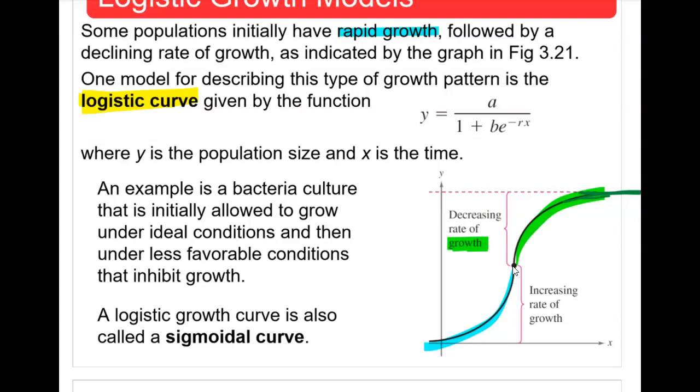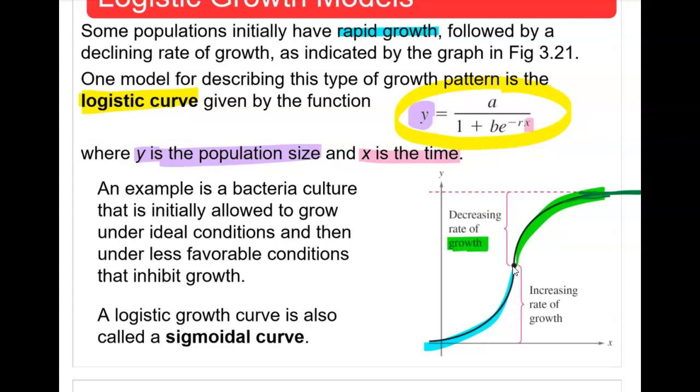So the function, the model for that is going to be here. And we have that y is the population size right here, the output. And here x is representing the time, where they're not using t, but we'll have x. So an example is a bacteria culture that is initially allowed to grow under ideal conditions and then under less favorable conditions that inhibit growth.